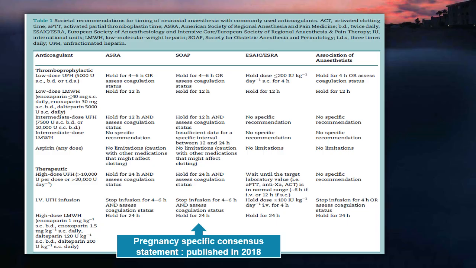They don't even call it guidelines, they call it a consensus, because there is absolutely no randomized controlled trial that can guide us in understanding the pharmacokinetics and pharmacodynamics of anticoagulation in pregnant patients, which are absolutely different from a non-obstetric population. So whether those guidelines can be applied to the obstetric population still remains debatable.